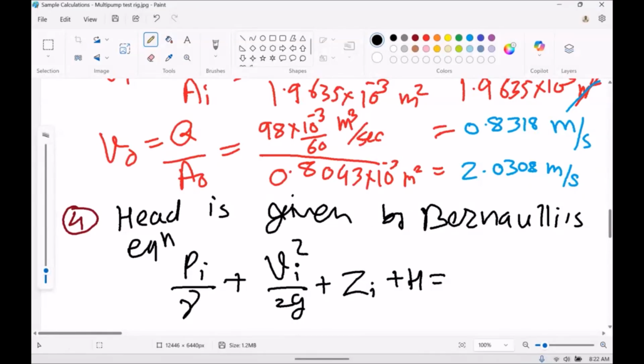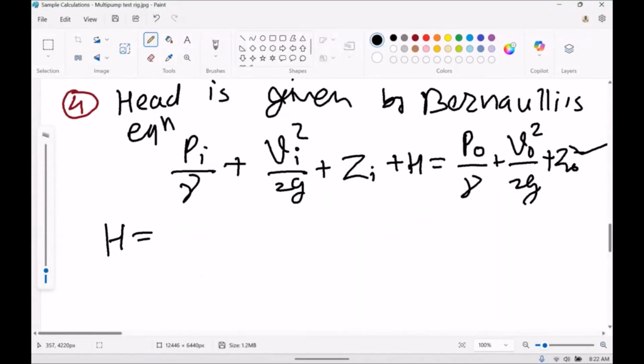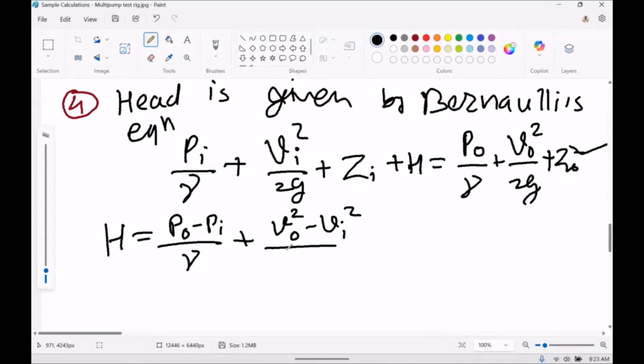So the energy at inlet is equal to the energy at outlet. We have all the values and we will find the head. So pressure head is given by PO minus PI by gamma plus VO square minus VI square divided by 2G plus ZO minus ZI.